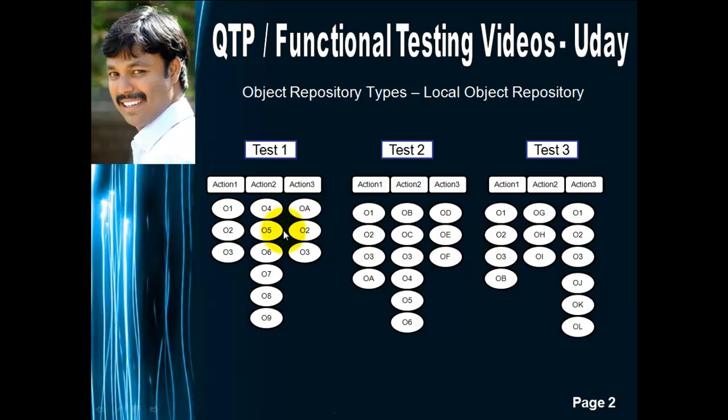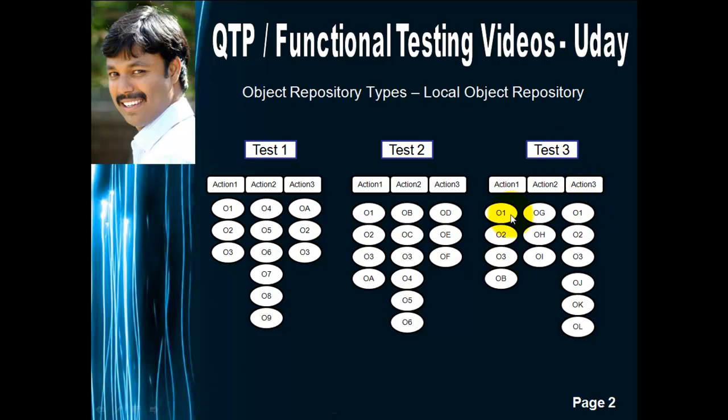Whatever values are updated here should not be reflected in my action 3, because these two are considered different objects. Likewise, this object 1 exists in test 1 action 1, and at the same time it exists in test 2 action 1, in test 3 action 1, and even in test 3 action 3.